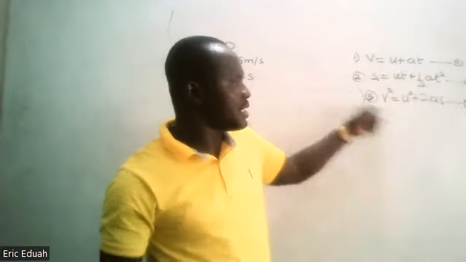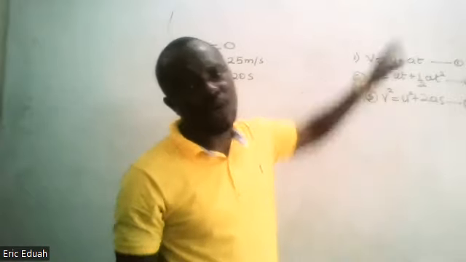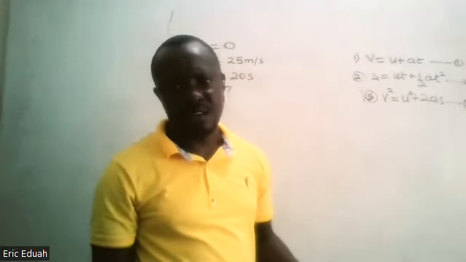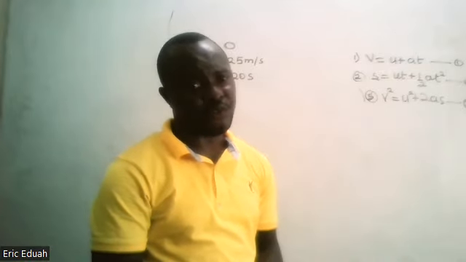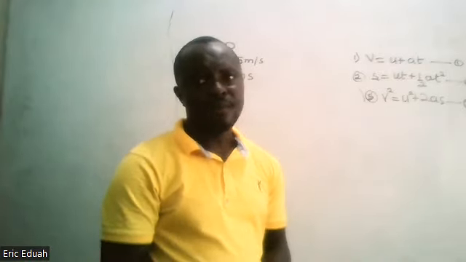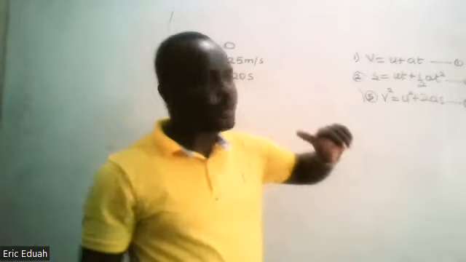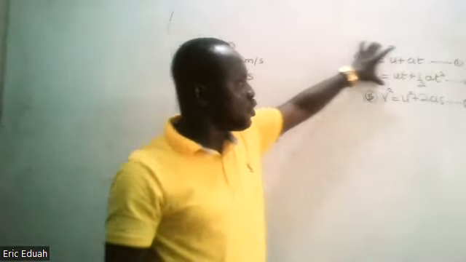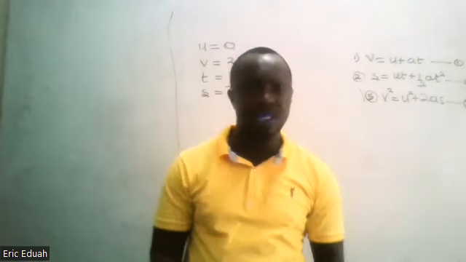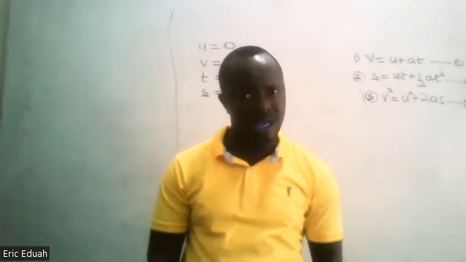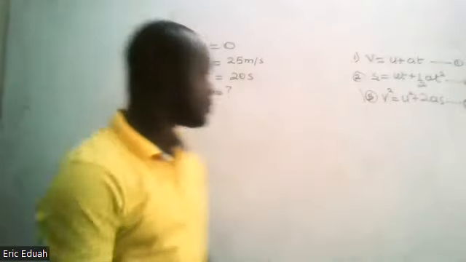If you pick equation 3, you still need acceleration. And so it's obvious equation 1 would help you find the acceleration, which will eventually enable you find the distance, right? So for this particular question, we will use two of the equations of motion to help us find the unknown distance.